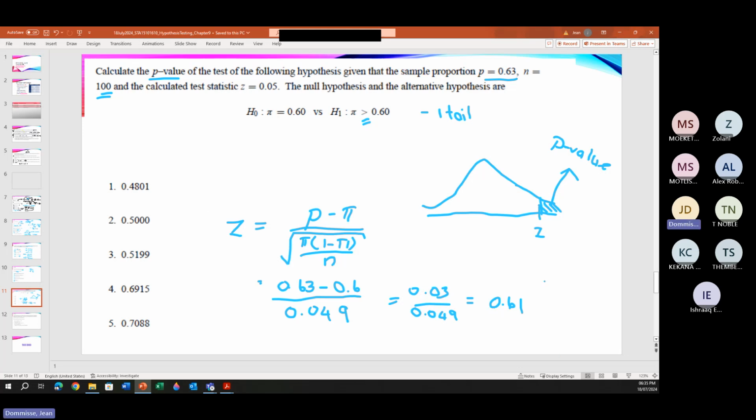I hope that is correct. So if that is 0, this is going to be a much bigger area actually. The Z is going to be there, 0.61.